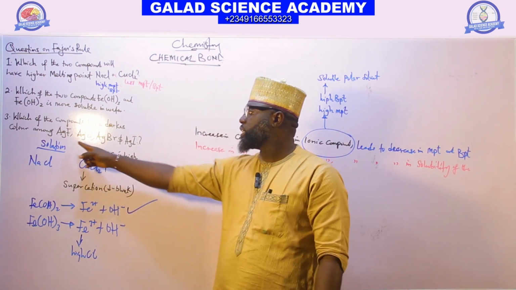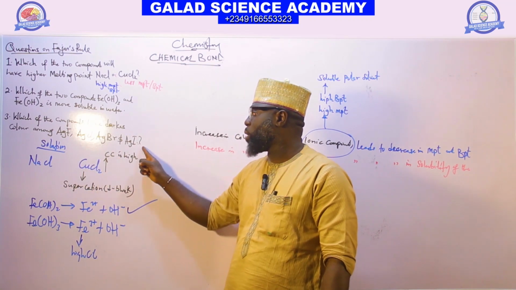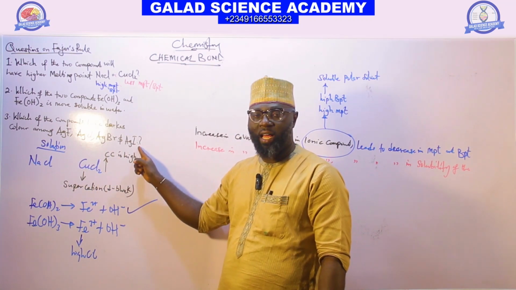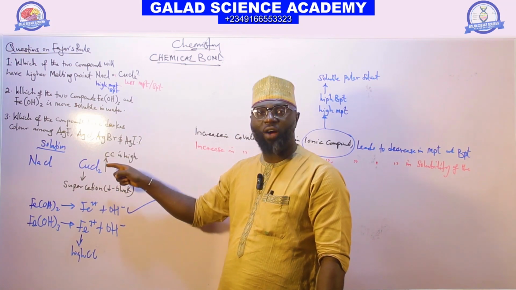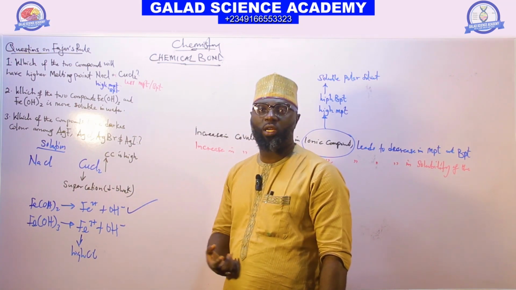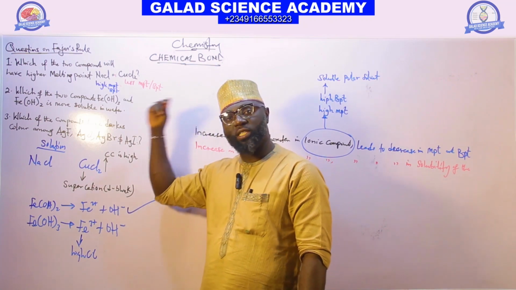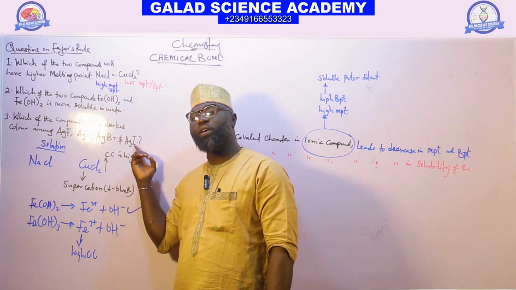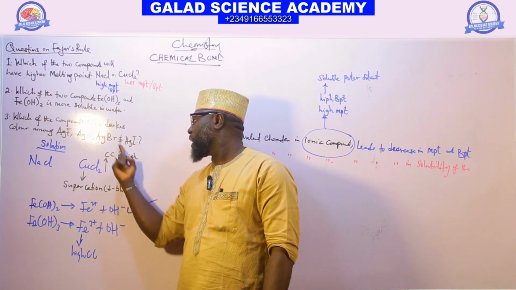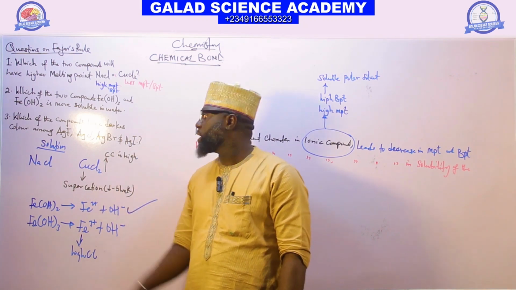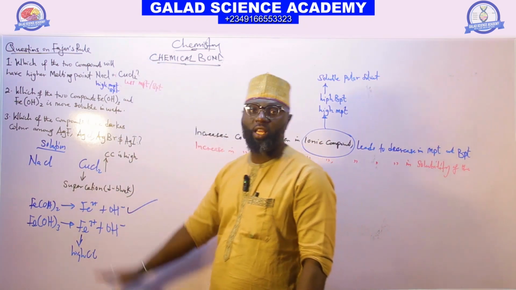So out of these now, which will have more covalent character? The one that has more covalent character is the one that has the highest color. According to the size, iodide is the one that has the highest size. The answer will be AgI. So that's all about the 3 questions.